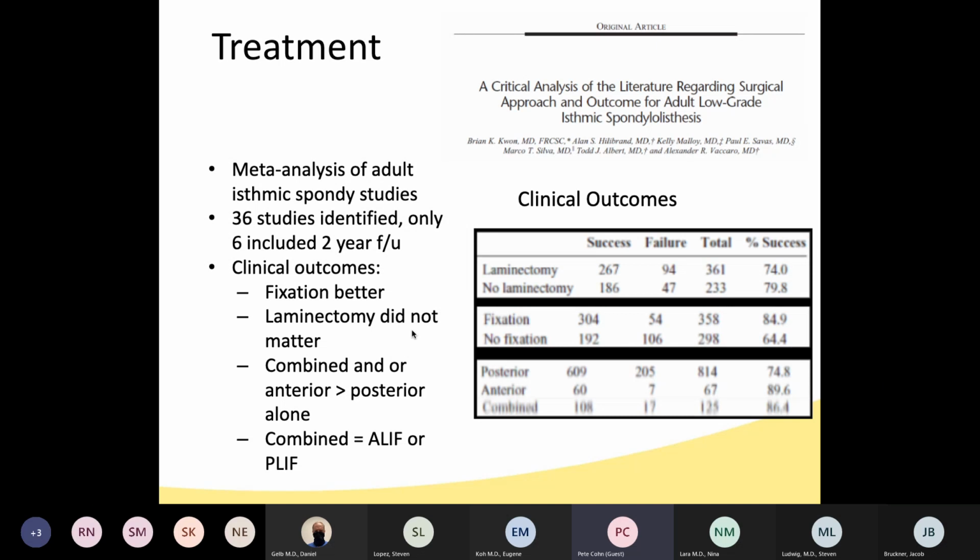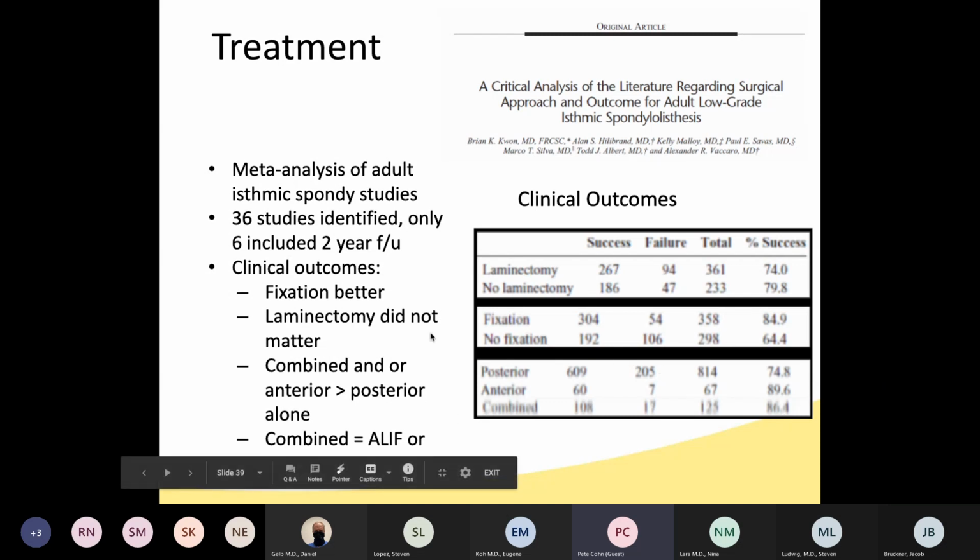Doing a laminectomy or not doing a laminectomy in these 6 studies did not matter in terms of the percent success rate. They also found that having anterior column support or interbody support, either in combination or alone, tended to improve the success rates versus a posterior fixation or fusion alone.